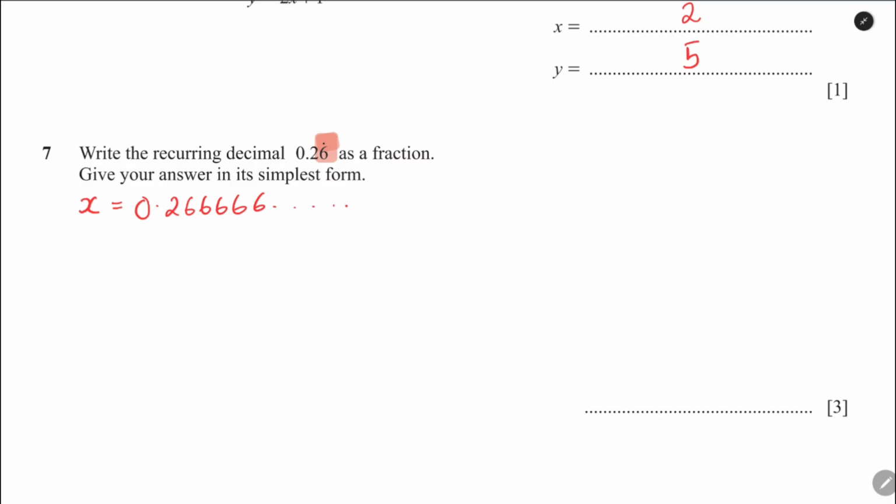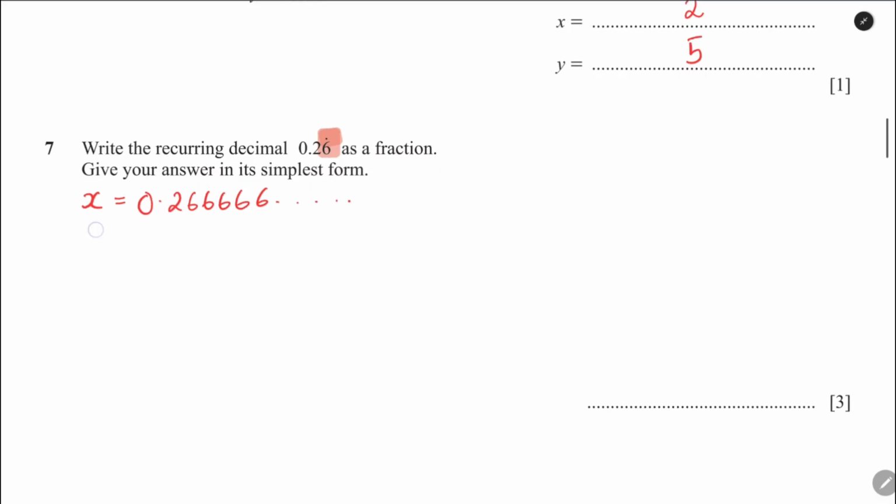Then we'll find what 10x is. When you multiply a decimal by 10, the decimal point just moves one place. So 10x will be 2.6666 and so on.